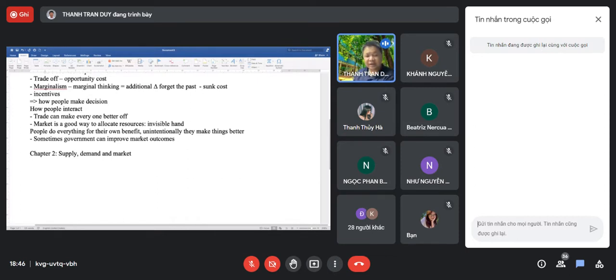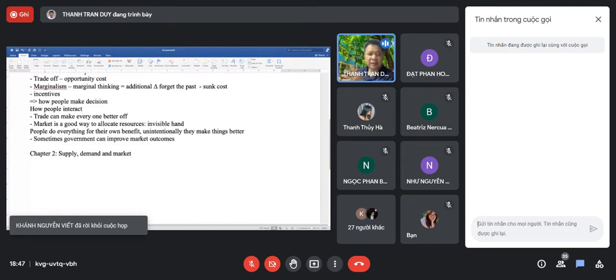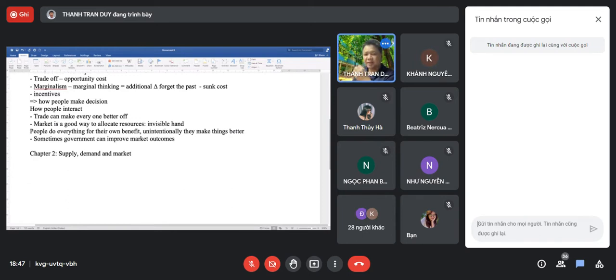Sometimes we have the problem with externality. Sometimes we have the problem with public goods. We have two chapters talking about this, chapters 10 and 11 of the book. But anyway, the theory would say that when market fails, then we need government intervention. So that's three principles about how people interact.